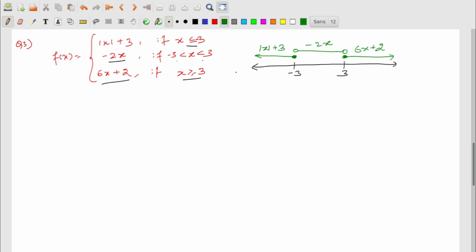Now we need to check for the continuity. Again, the flow of the solution will remain the same. First we need to take the regions: first region, second region, and then third region.